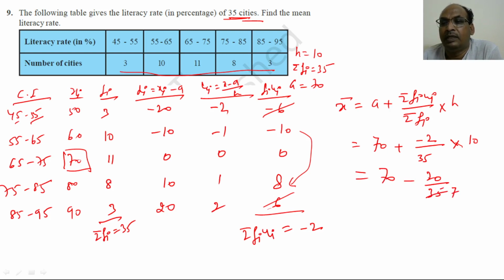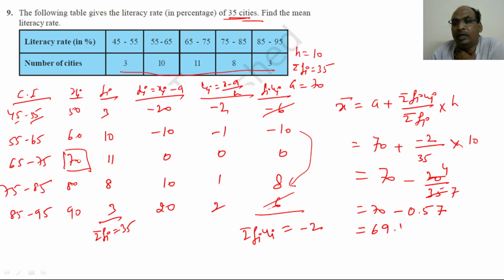So 20 by 35 is about 0.57. So 70 minus 0.57 is 69.43. 69.43 is the mean literacy rate.